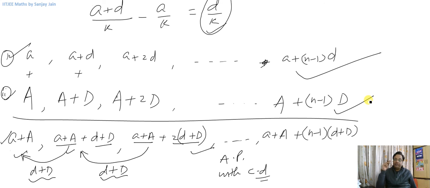So if you add two different APs, the resulting sequence will also be an AP with the common difference as the sum of common differences of these two APs. And now you can check the subtraction yourself, right?